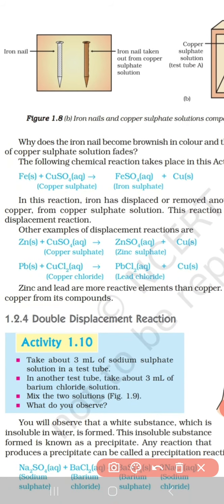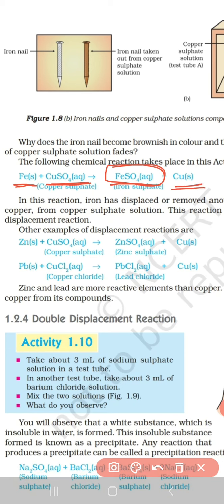See this reaction. Iron, solid, reacts with copper sulfate, which is aqueous. What will we get? We will get iron sulfate solution and copper.